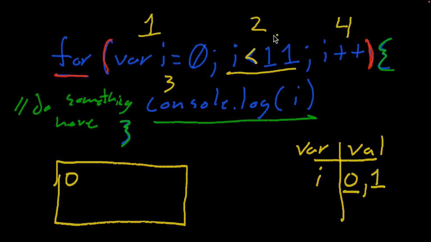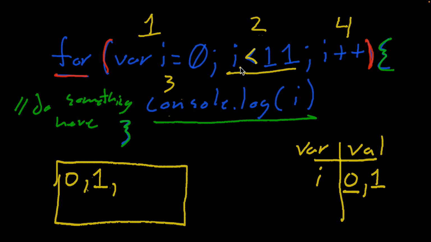We go from 4 to 2. And we look at the value of i. i is 1. 1 is less than 11. This is true. So then we go on to step 3 and we console log i. i then is going to be 1.